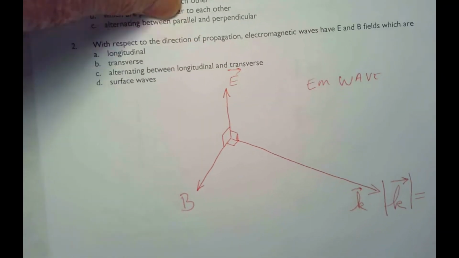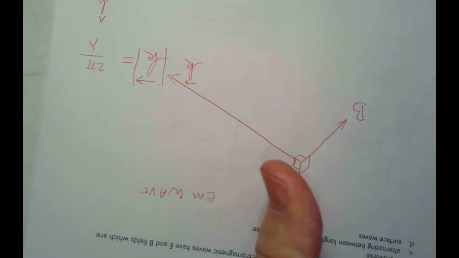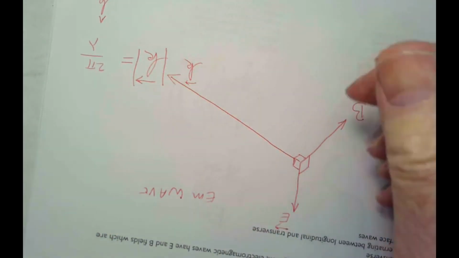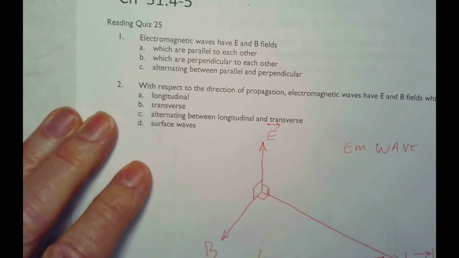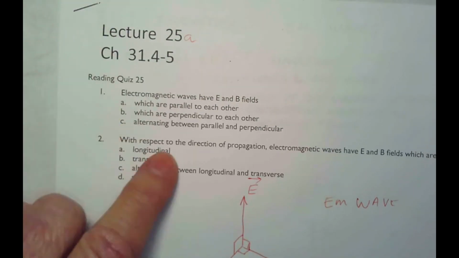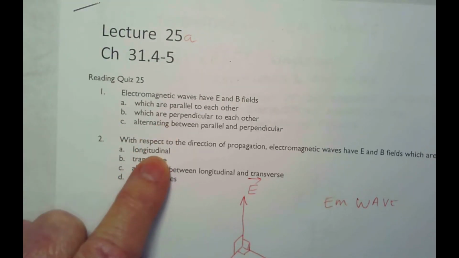And the way I get the direction of this is I take the E cross B, and that points in the k direction. It's hard to do it on this piece of paper. So if I want to know the direction of k, E cross B points in the k direction.